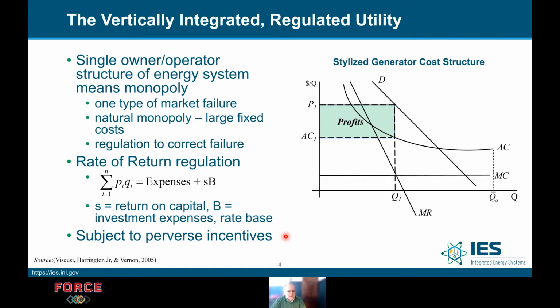And then by the end of the 90s and early 2000s, the states of California and Pennsylvania went to a full-on deregulated model where they disbanded this rate of return regulation style that I'm showing here, and entered into a regime of competitive allocation of resources. Meaning that market mechanisms would be used to allocate resources for the generation, transmission, and production of electricity.